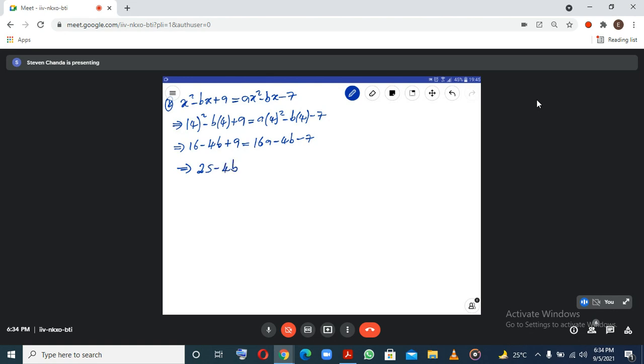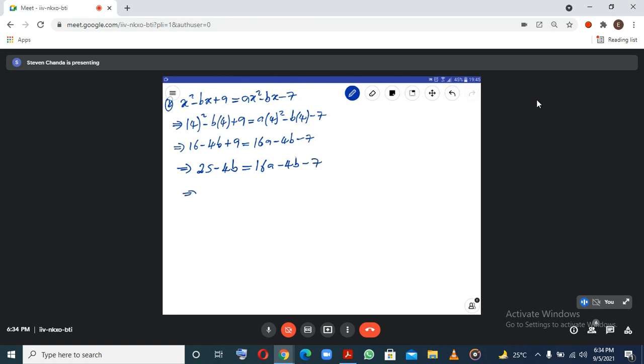Let's simplify it further. So we've got 16a, and then there is minus 4b, then minus 7.